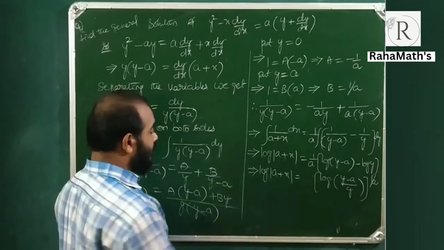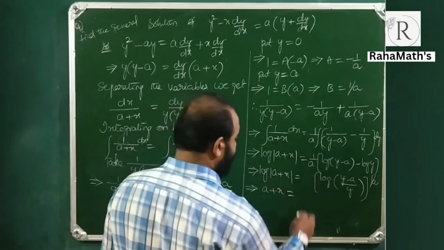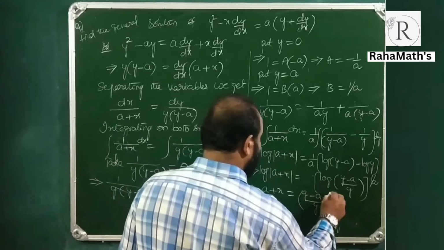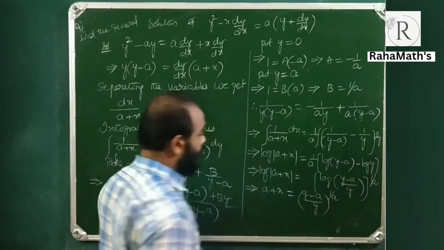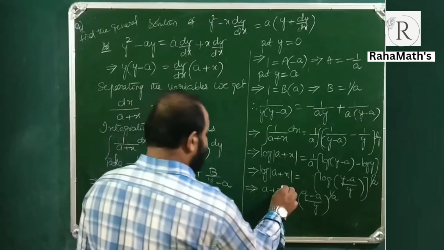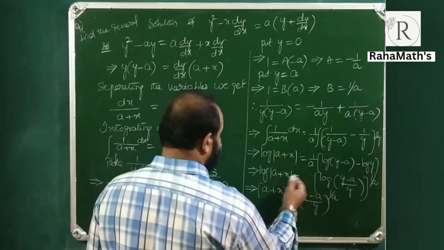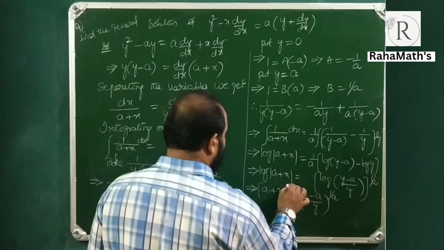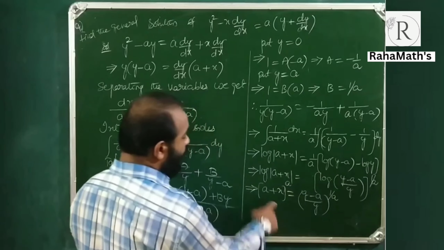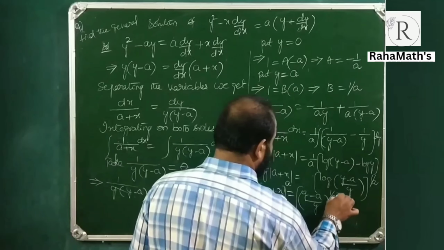Now this is equal to a plus x equals y minus a by y, whole power 1 by a. If we raise to the power a on both sides, this gets cancelled.